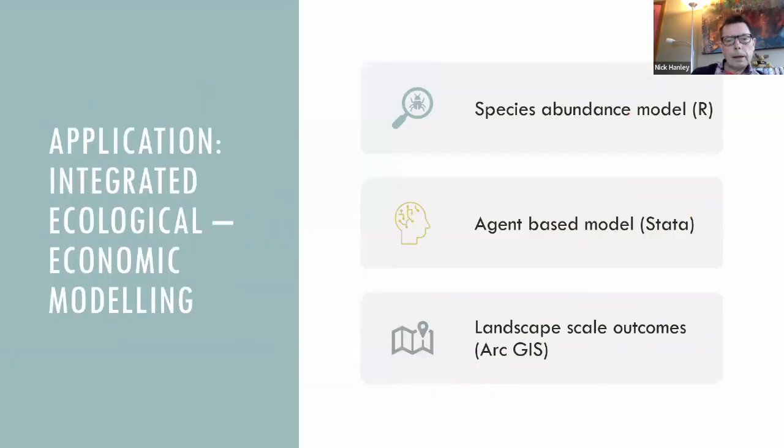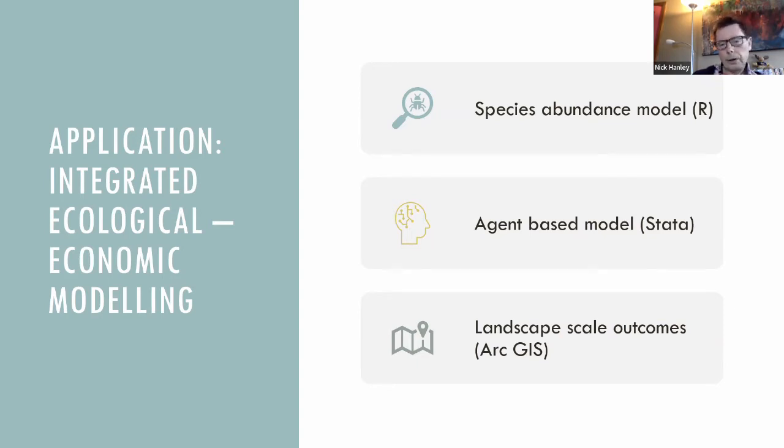Let me tell you a little bit more about the model. As I said, it's an integrated ecological economic model. Like the work that Paul and I did about 10 years ago in the Peak District, we have a statistical ecological model, which is a species abundance model, essentially embedded in an economic decision-making model. In our ReLU project, that economic decision-making model was a farm level optimization which wasn't spatially explicit.